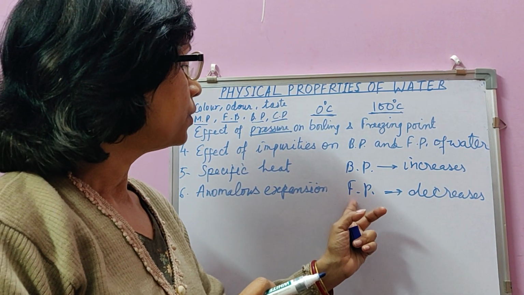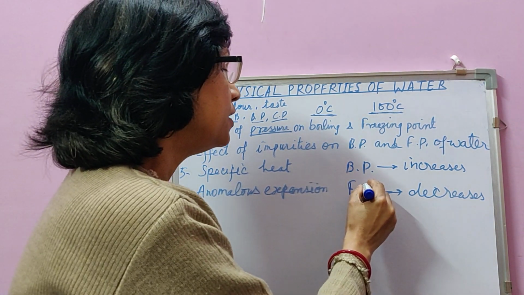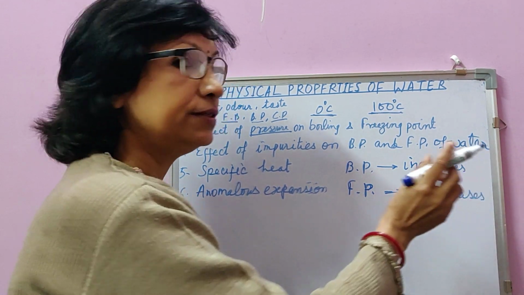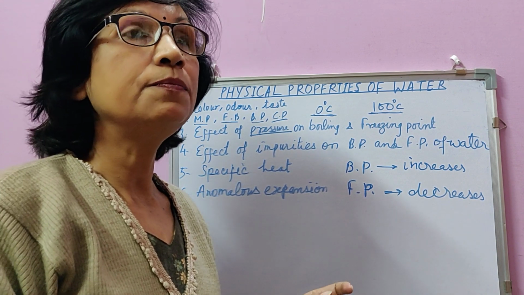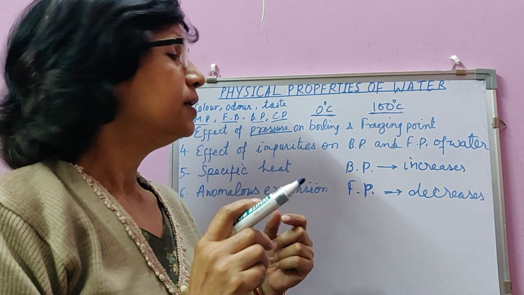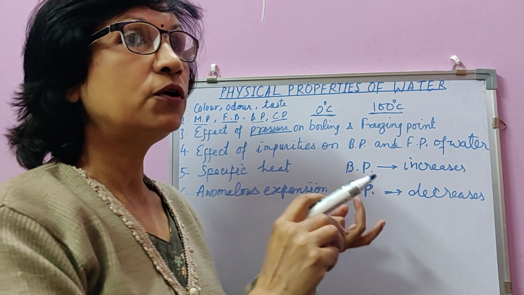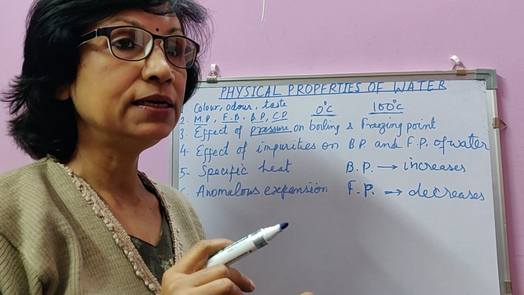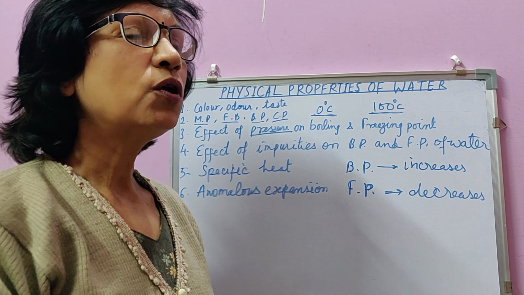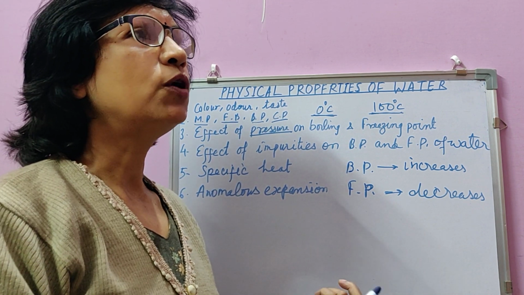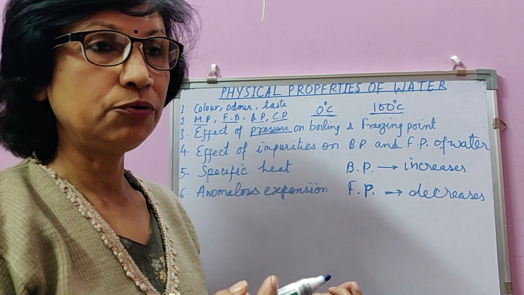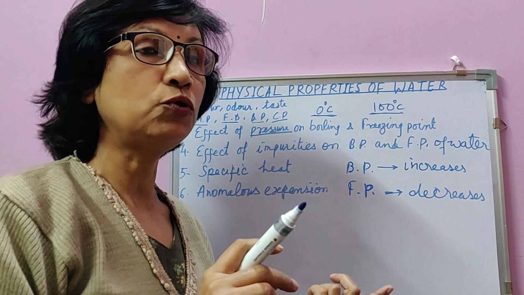If impurities are present in water, then its freezing point decreases. It means if you are freezing normal water in the freezer, it may freeze at 0 degrees Celsius, maybe -1 or -2 degrees Celsius easily. But because pure water, potable water has very little impurities present in it, though it has impurities but not too much.